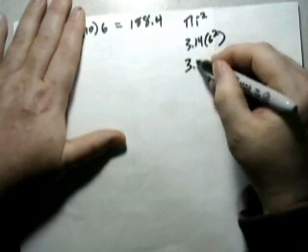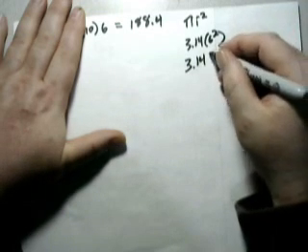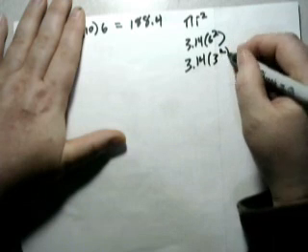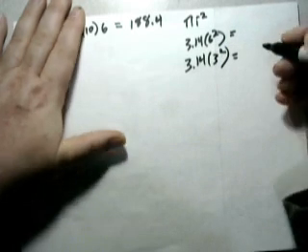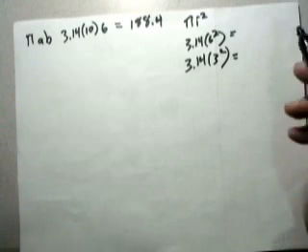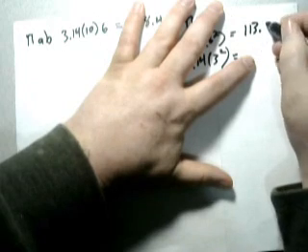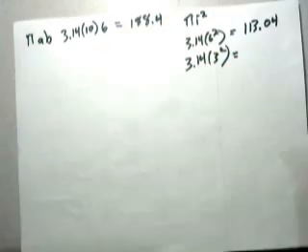And then 3.14. If 6 is the diameter, then 3 is the radius. So let's see here. 3.14 times 6 squared is 113.04.